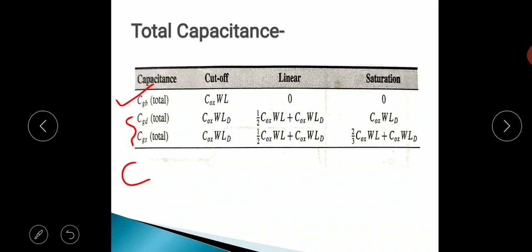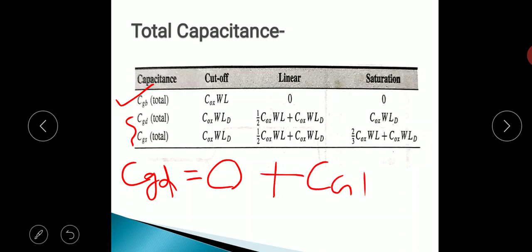In cutoff, CGD total equal to 0 plus CGD overlap. So here the value is Cox W LD, and this is the same for CGS.